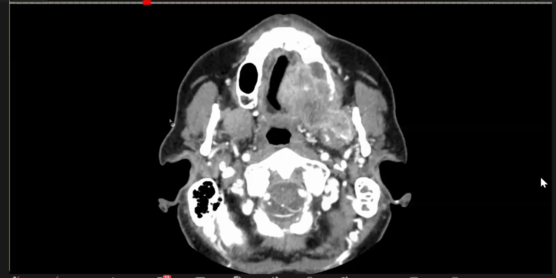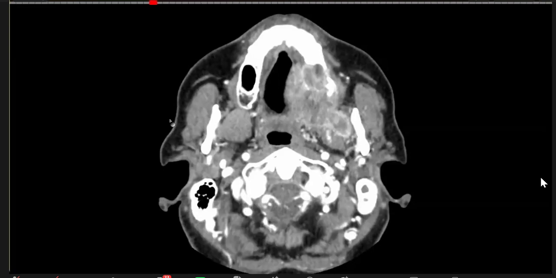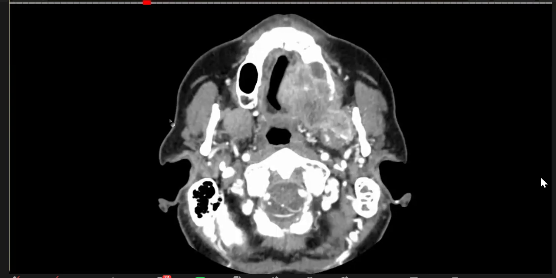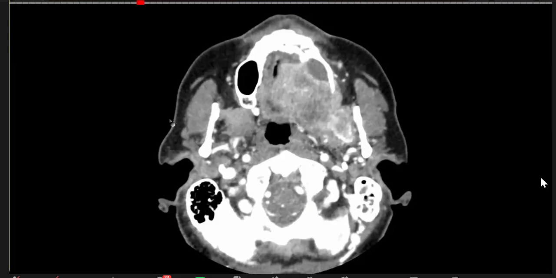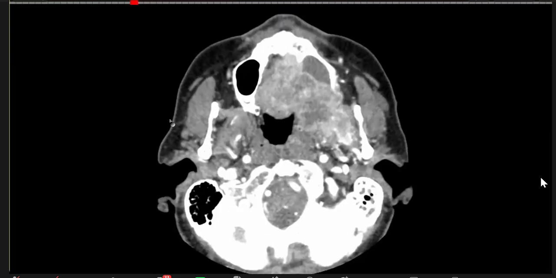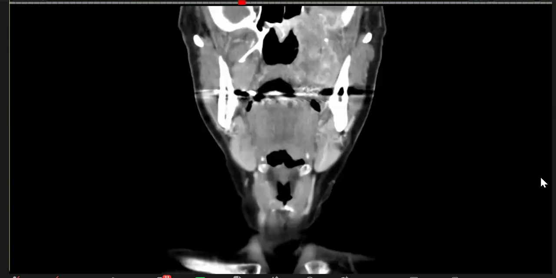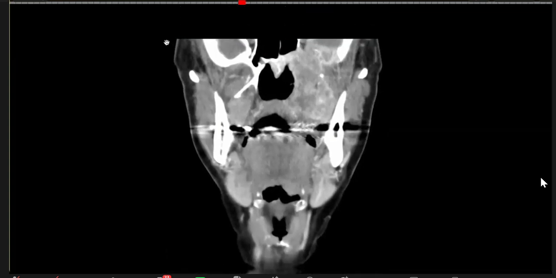destruction of the posterior and medial wall of the maxillary sinus, involving the left parapharyngeal space, causing destruction of the left pterygomaxillary fissure, extension into the infratemporal fossa, and medially this lesion is causing destruction of the medial wall of the maxillary sinus and extension to the nasal cavities.